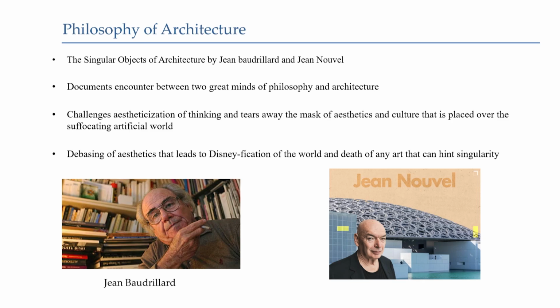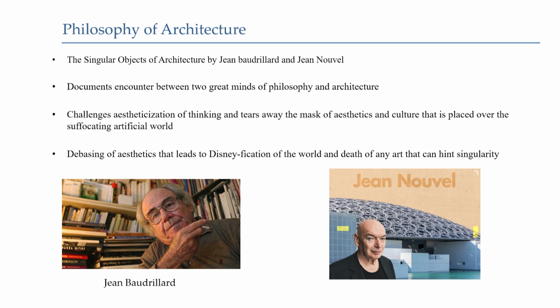In this conversation, what they do is they challenge the aestheticization of thinking. Architectural forms of thinking, or any artistic thinking or thinking about art, is all about how to make it beautiful and more appealing, and how symmetry and proportion should be made attractive.